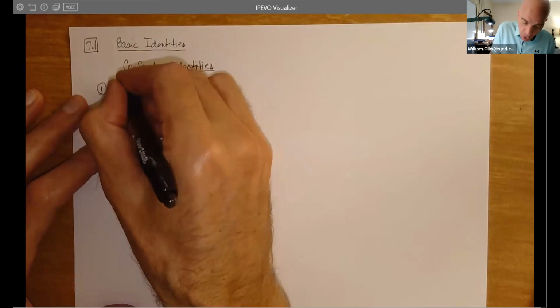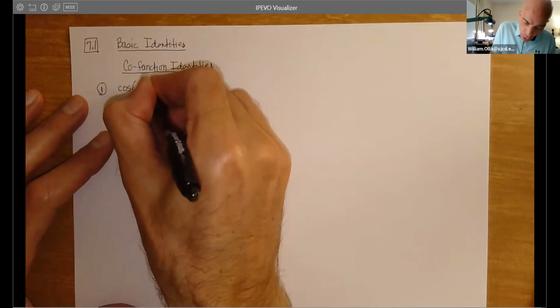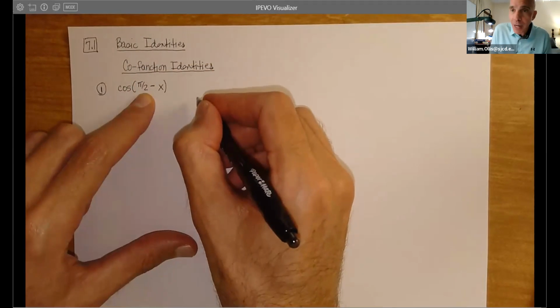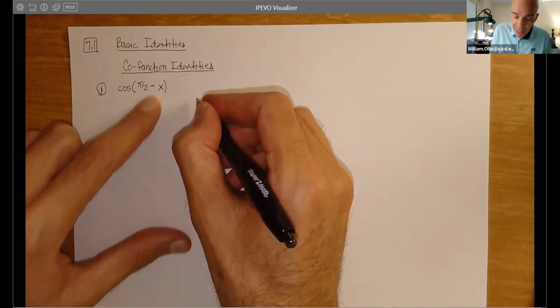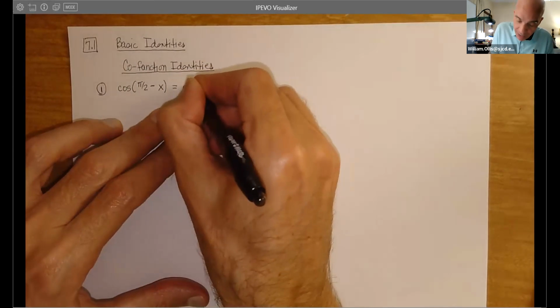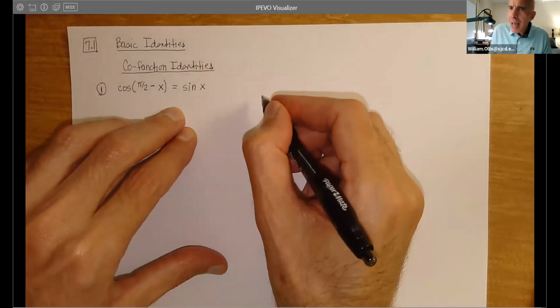You can use radians or you can use degrees, it doesn't matter. We're going to look at complementary angles of a right triangle. Cosine of pi over 2 minus x equals sine of x. Right now you're thinking, can these be extended modulo 2 pi? Absolutely.